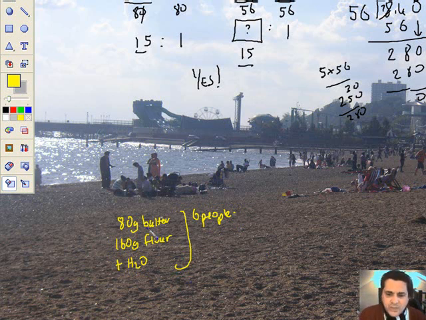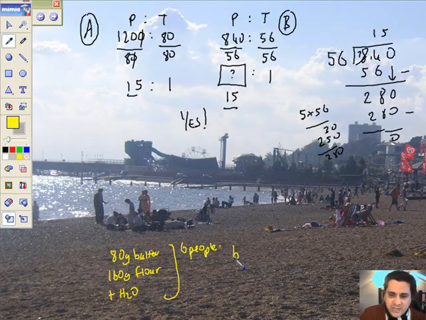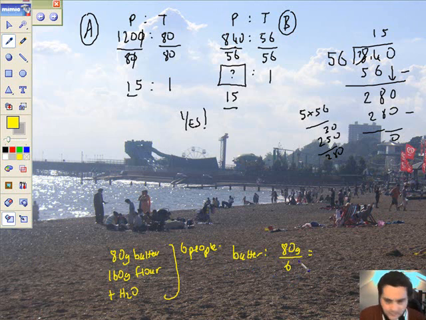What we do is divide to get the recipe for 1, then multiply up to get the recipe for 8 people. So let's do the butter first. We take 80 grams, divide it by 6, and that will give us something or other. 6 into 80 goes 13 times, with 2 left over.